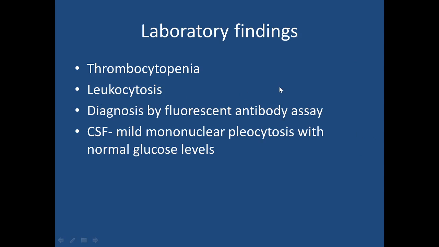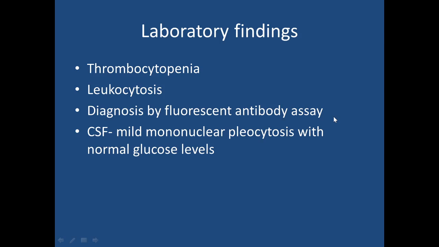Now how do we diagnose scrub typhus? We have to do a fluorescent antibody assay. If we find these antibodies in the blood of the patient, then it diagnoses scrub typhus.